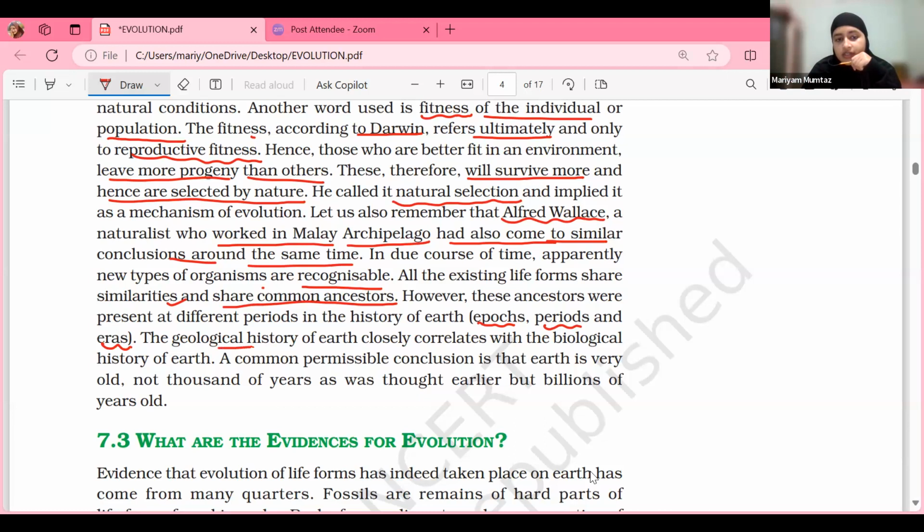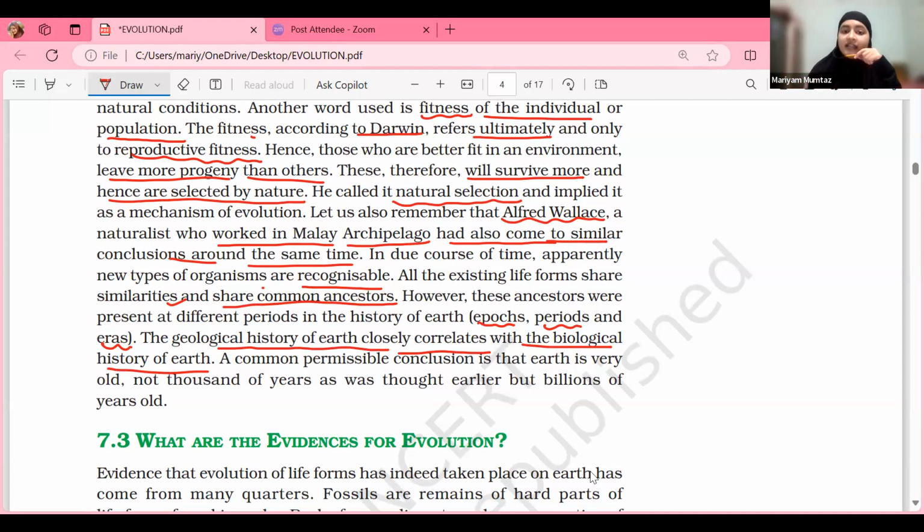Now, the geological history of the Earth closely relates with the biological history of the Earth. How? If the geological history of the Earth says that the Earth was covered with water, then what would the biological history say? That all the organisms were aquatic in nature. They had certain apparatus to swim.